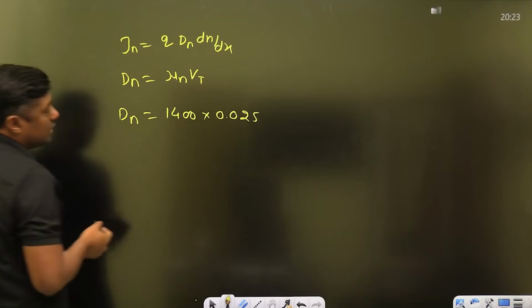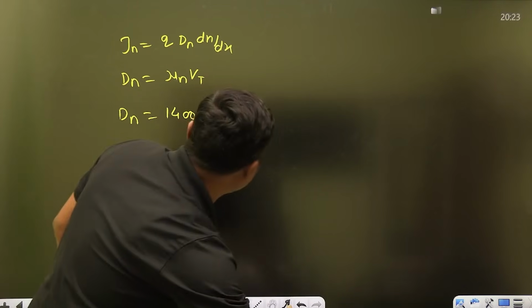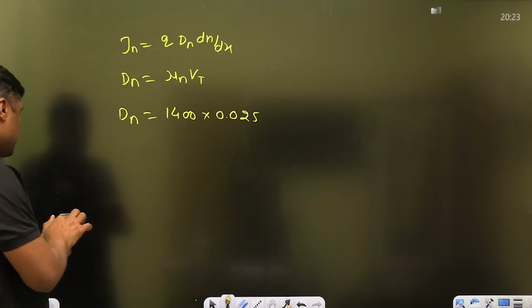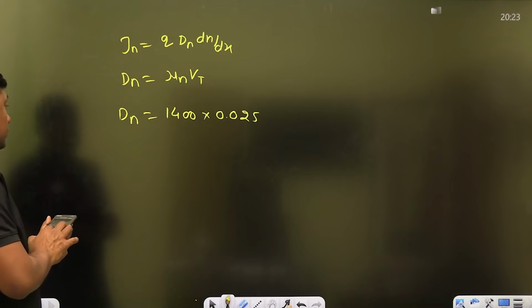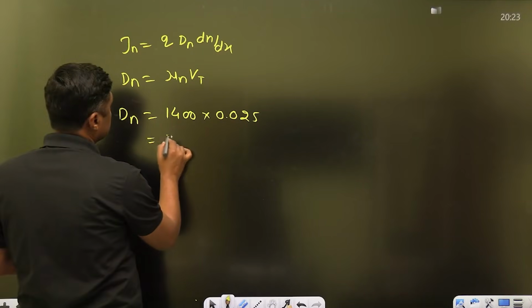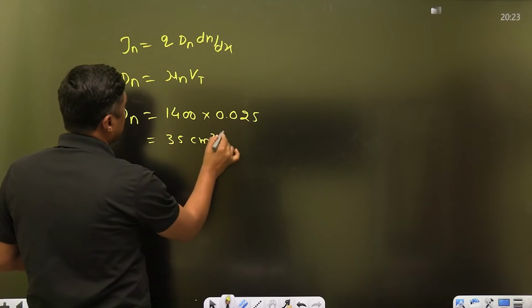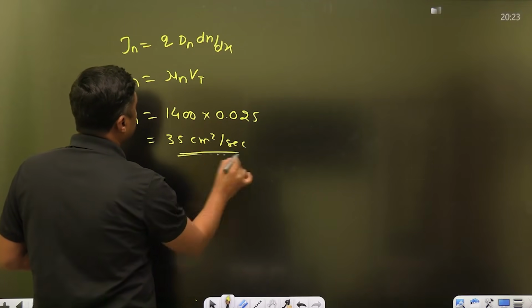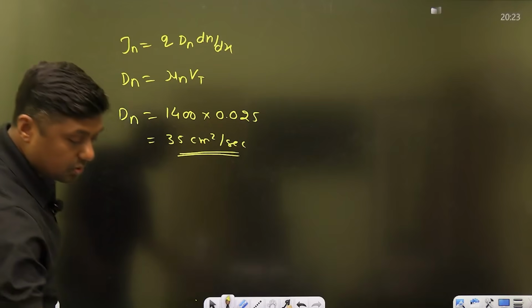You can convert, right? And first of all find the dN, that is called diffusion coefficient: 1400 into 0.025, 35 centimeter square per second, guys. This is the dN. Now q and the concentration gradient.